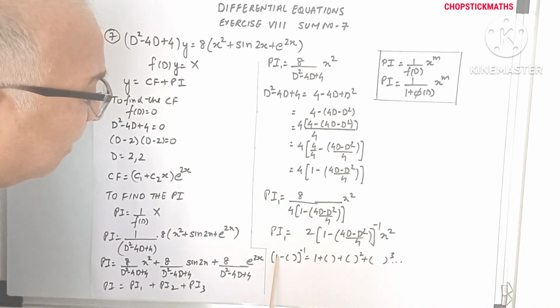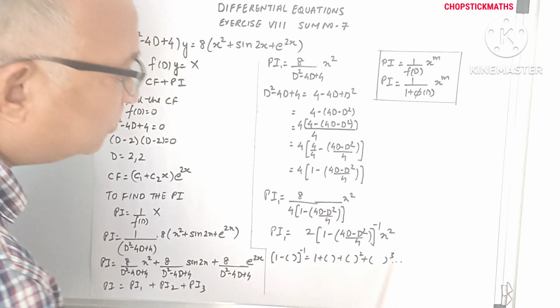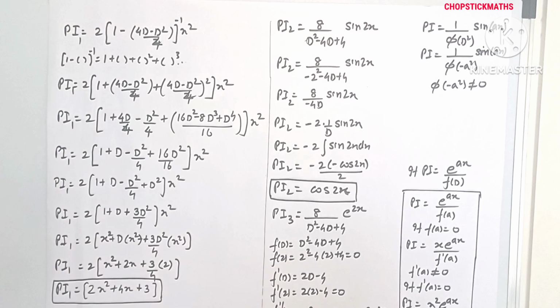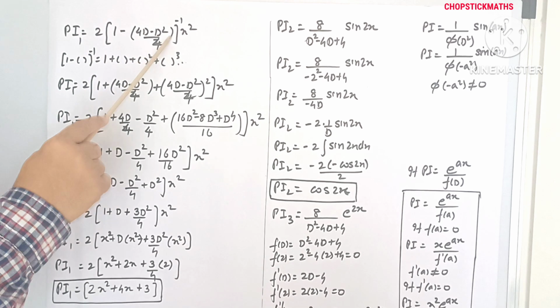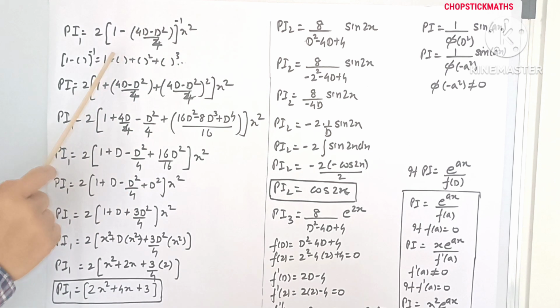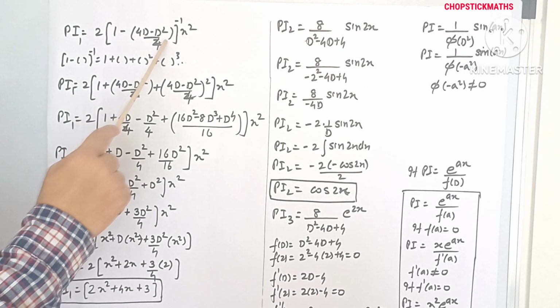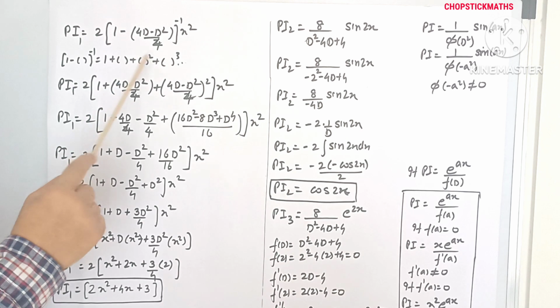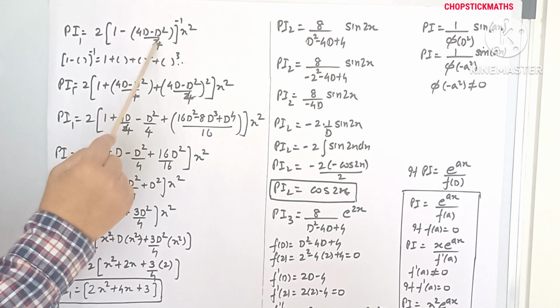We can do this using the formula (1 − bracket) raised to minus 1 is 1 plus bracket plus bracket square plus bracket cube and so on, where the bracket here is (4D − D²) upon 4.